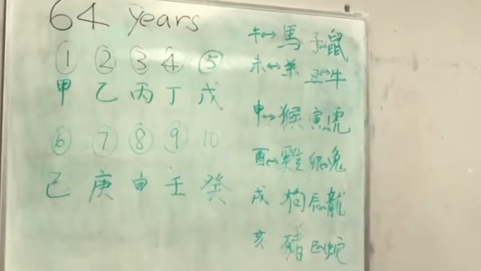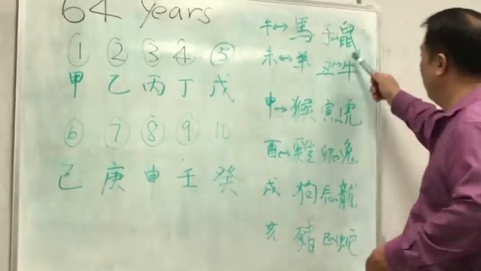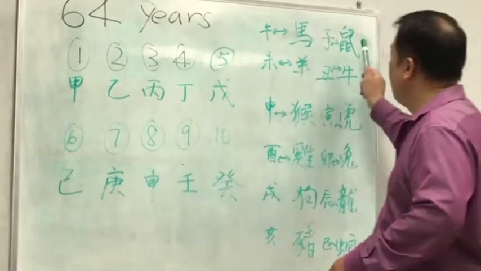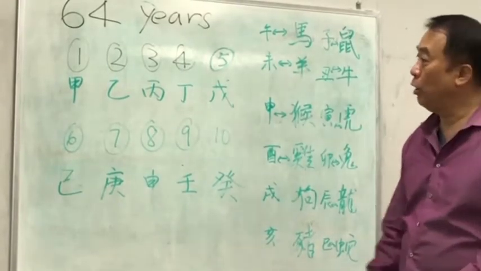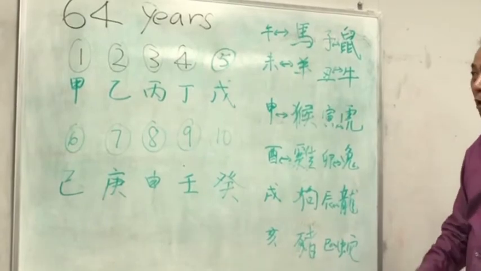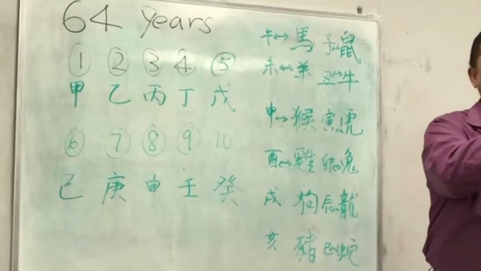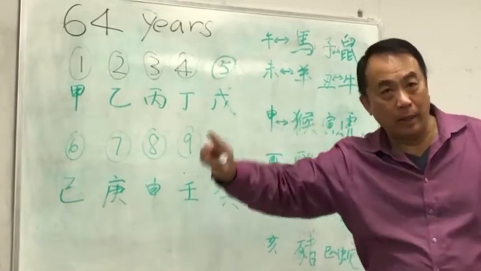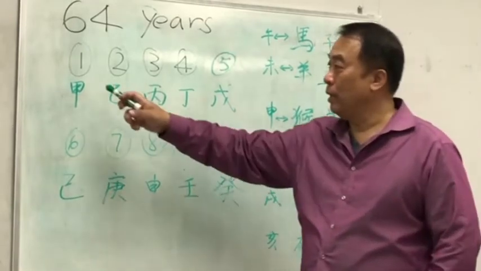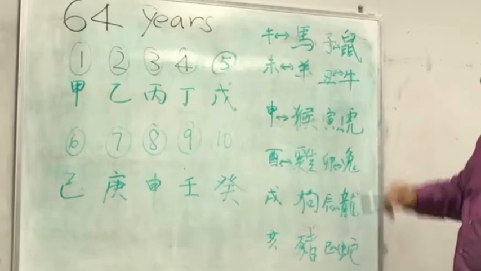Now remember, in the beginning, I talked about 1 matching with the mice, then you have 1 mice. In Chinese we call it Jia Zi. Generally speaking, we have to start from one point until the end and then come to the cycle. So at the beginning, Jia Zi means 1 mouse.